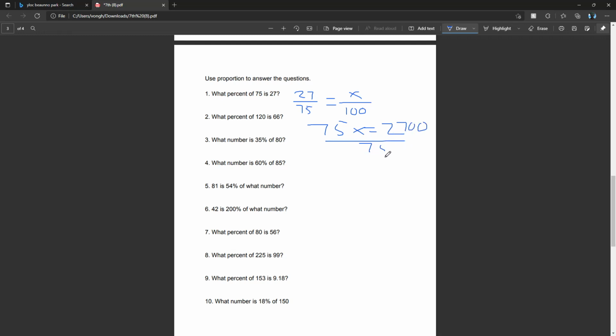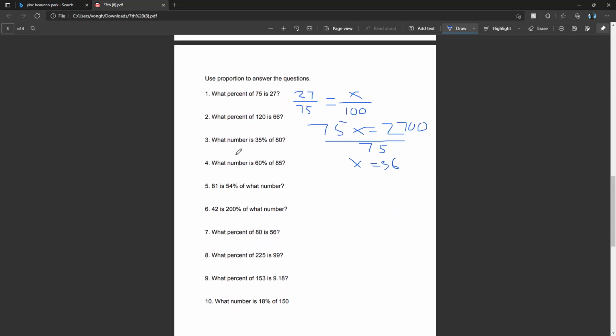Divide by 75 to isolate x, and if you divide it out, you should get 36. That's the answer. So that's how you do proportions.